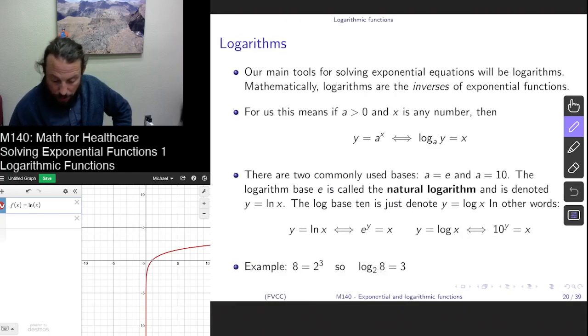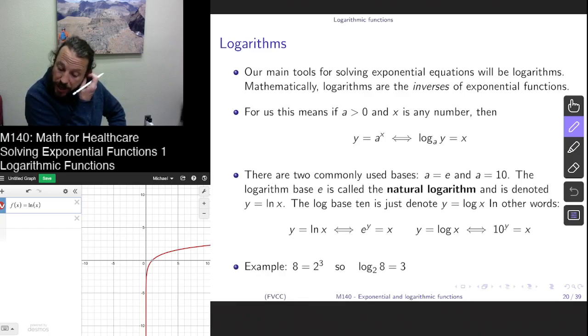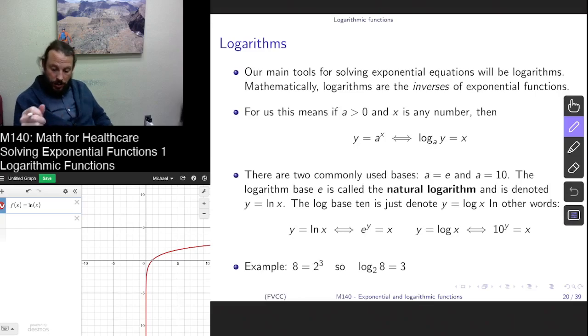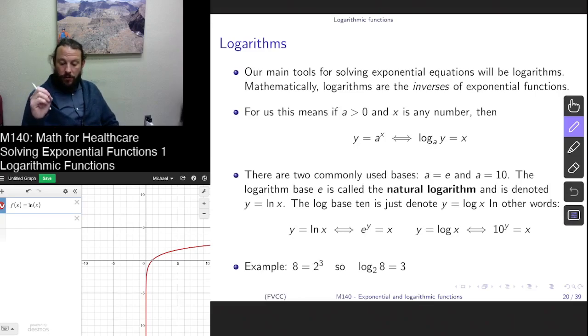So our main tools for solving exponential equations are going to be the logarithm functions. Mathematically, logarithms are the inverses of exponentials. What do I mean by that? It means that whatever exponential does to a number, a logarithm undoes to a number.